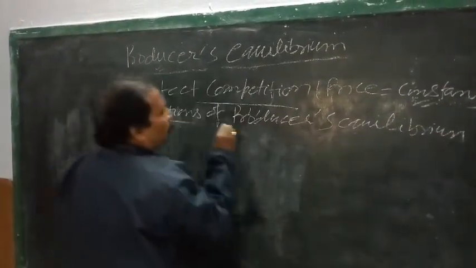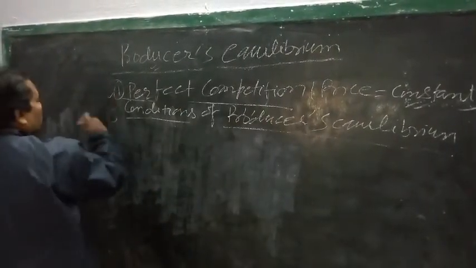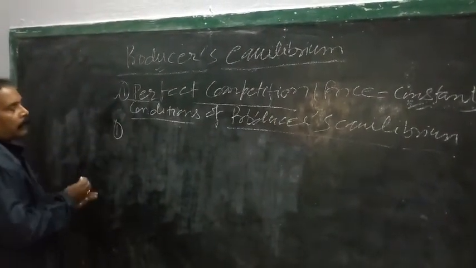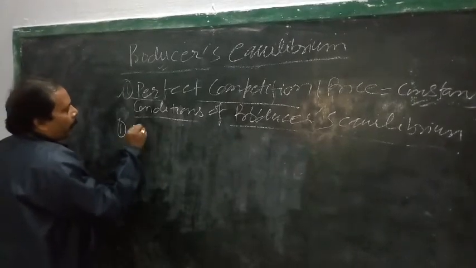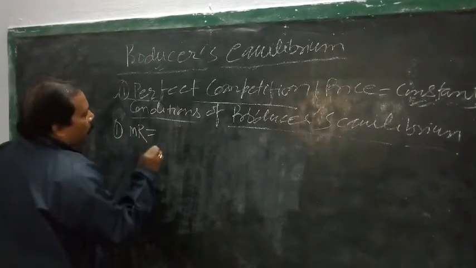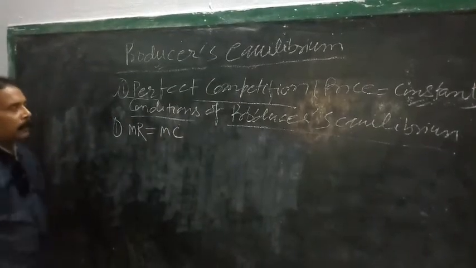So, conditions of producer's equilibrium. The first condition is that MR must be equal to MC. Clear?